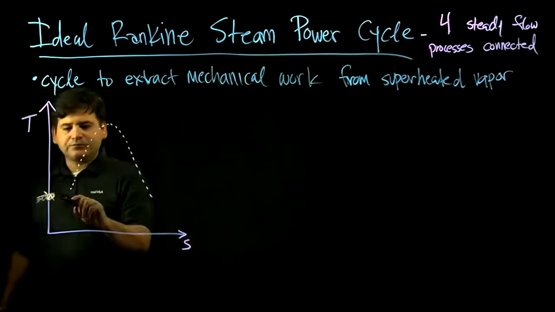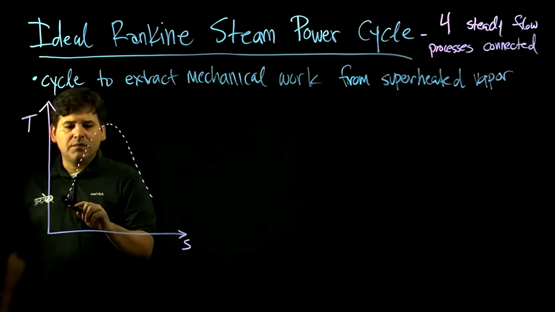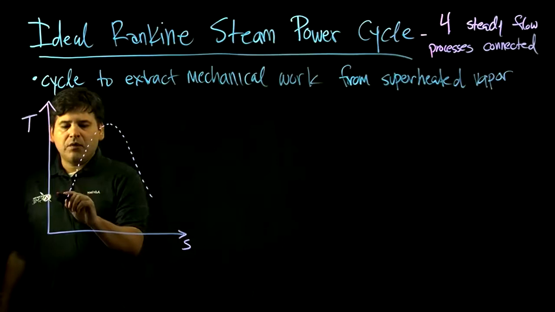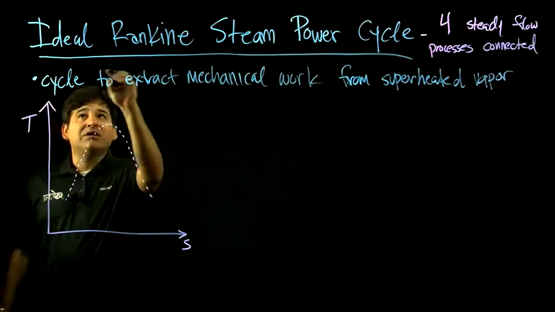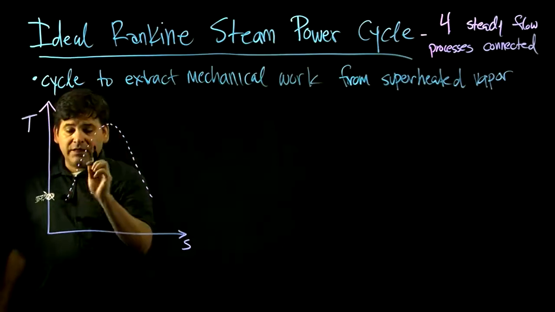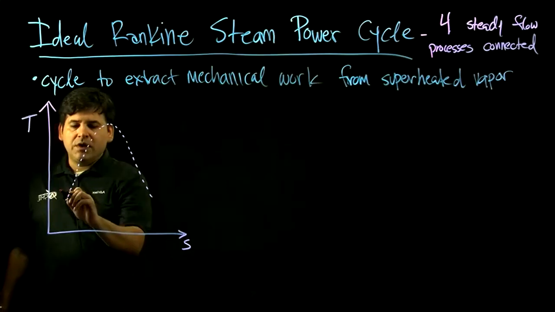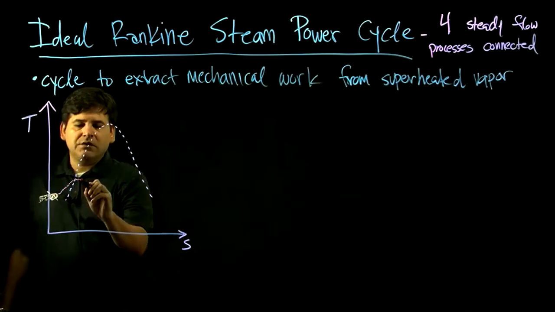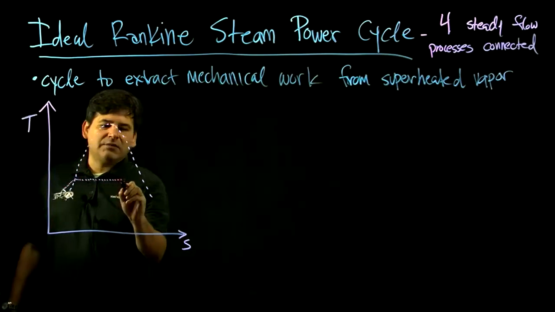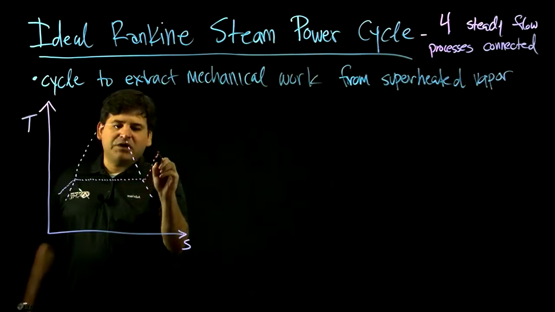And they also operate on two pressures. The simplest ideal case, it can get more complicated than this, and it does to make it more efficient typically. But in this simple ideal case, we're going to have a low pressure branch. Everywhere on this dotted line I'm drawing now, it's the same pressure.